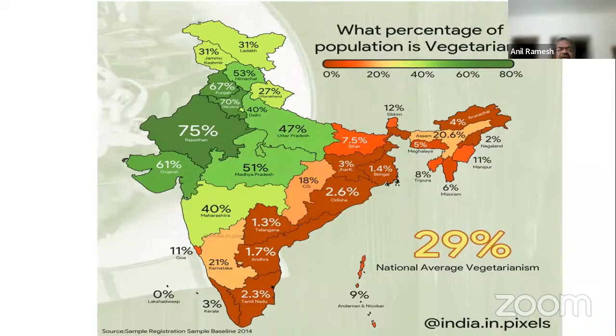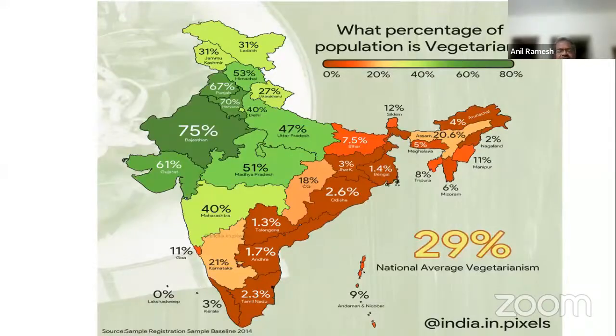There's an assumption that people from Haryana, Delhi, Punjab would be more meat eaters. And obviously, students got an idea that there would be a lot of vegetarianism in Gujarat. But when I showed this particular slide, there was pin drop silence in the class because our assumptions, unless they are based on facts, most probably are not correct.